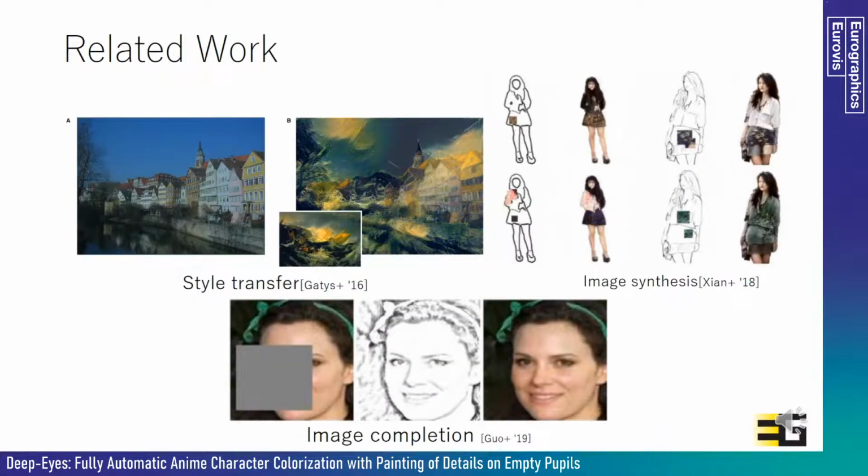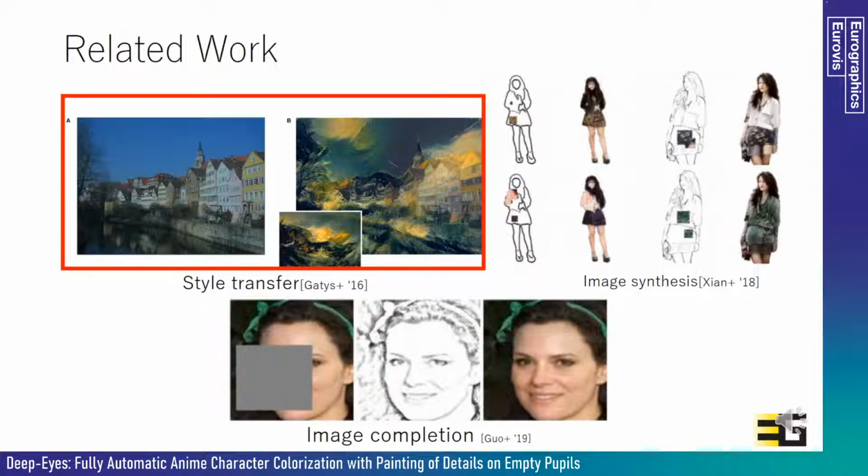Here, we introduce some previous studies that can create details not included in an input image. Style transfer is a technique that transfers the style of a reference image to an input image. It can generate the details in the reference image.